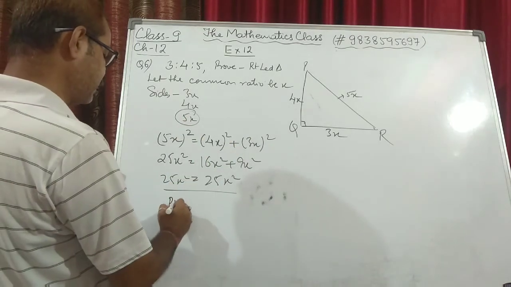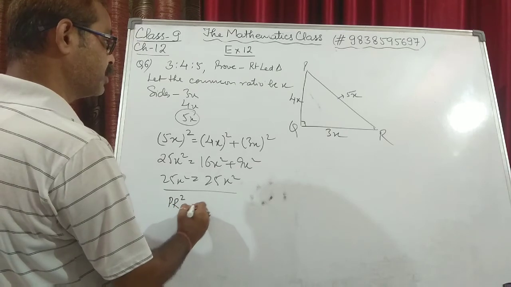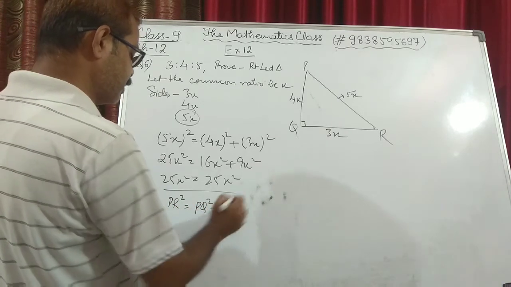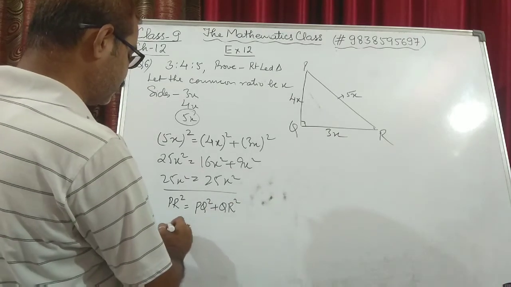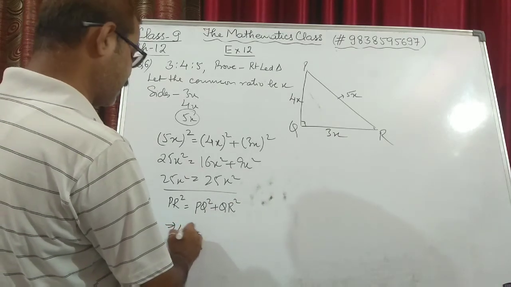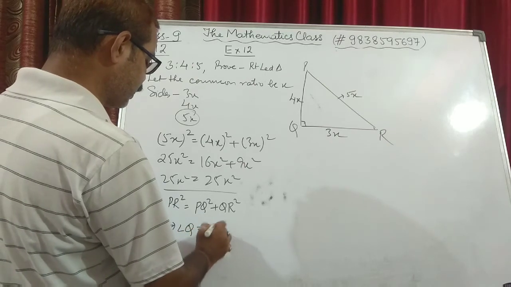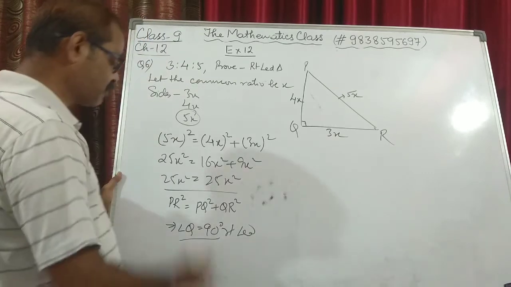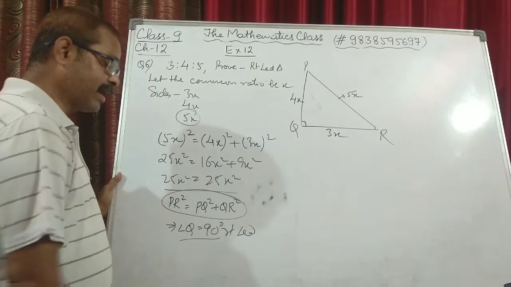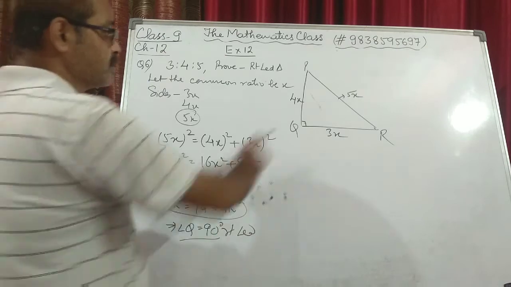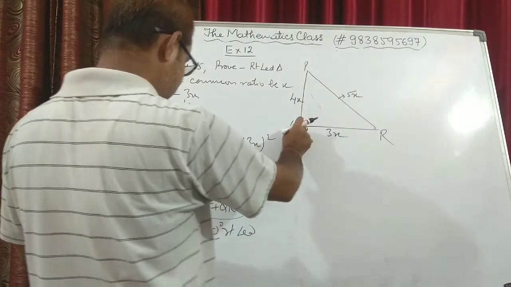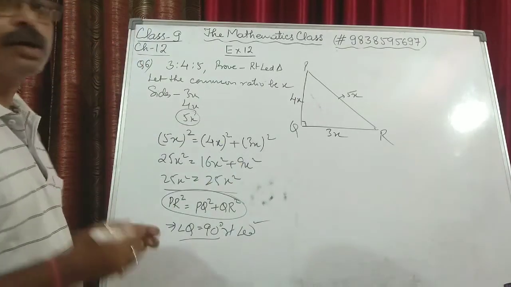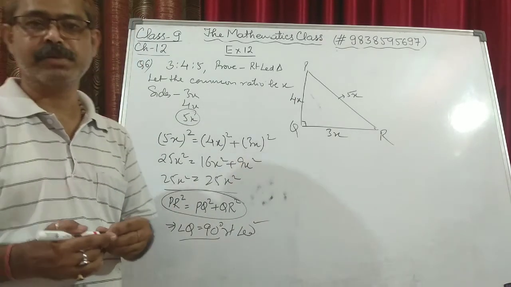So we can say that in this triangle PR square is equal to PQ square plus QR square, and this is only possible in a right angle triangle, which implies that angle Q is equal to 90 degrees, or a right angle. The angle opposite to PR is angle Q. So angle Q is equal to 90 degrees. So that is the proof of question number 6.